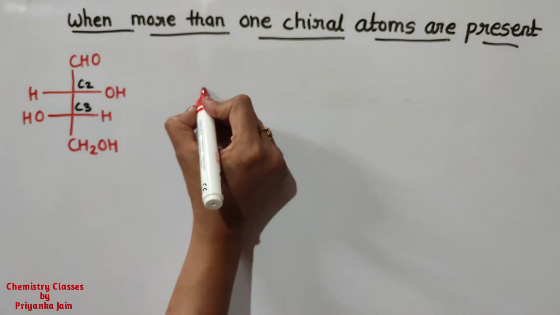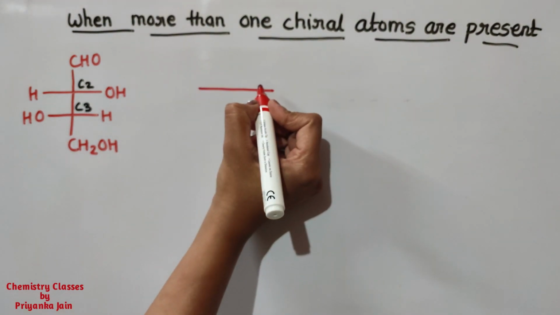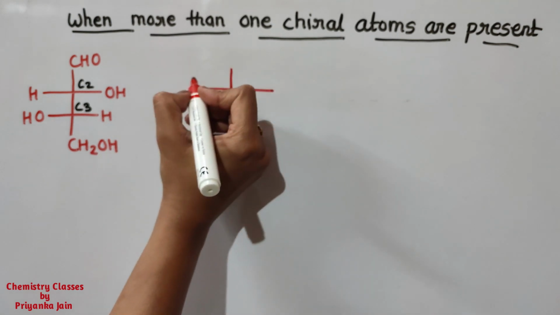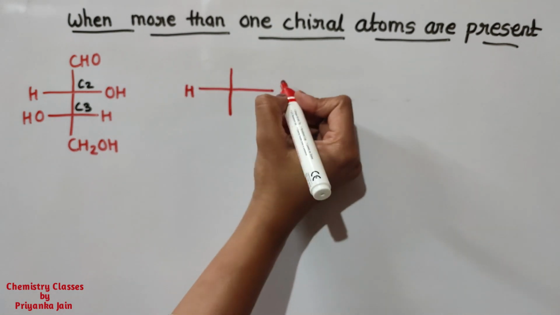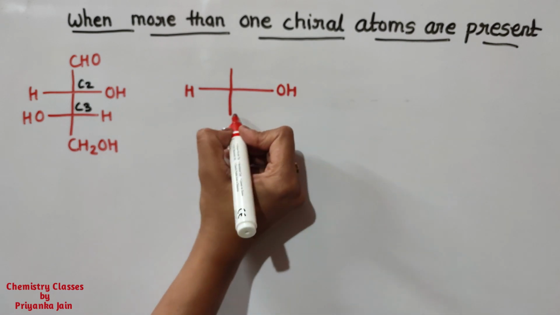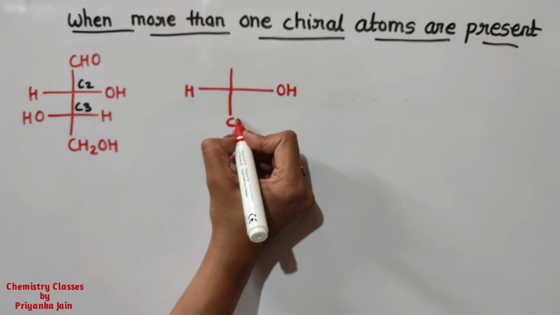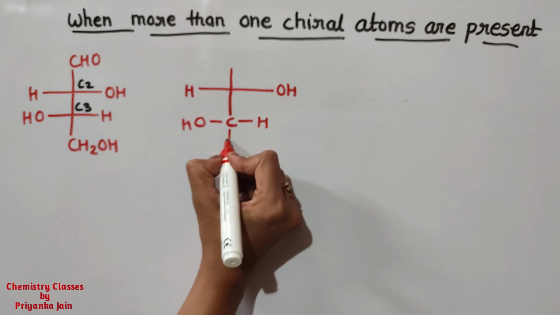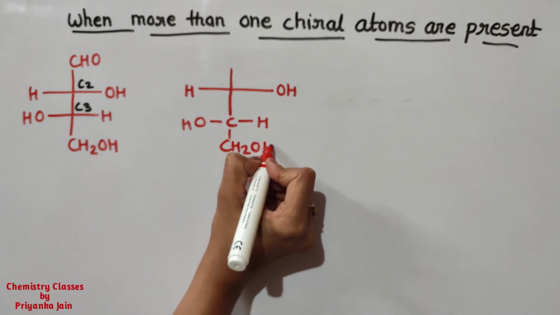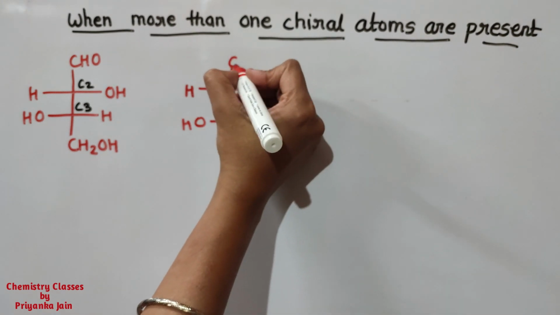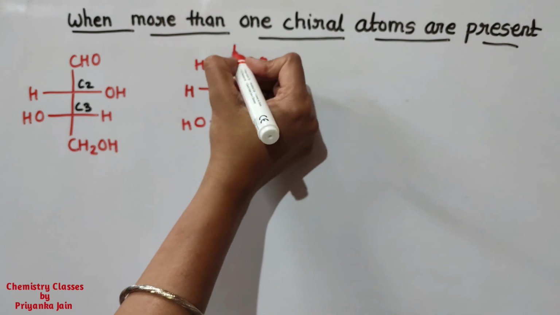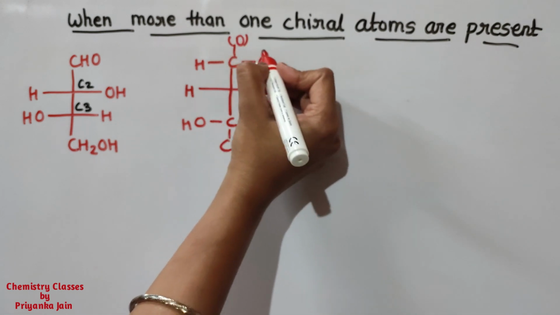Okay, for this, see here, if we have to find out the configuration at the C2 carbon atom, then what will we do? See here, this is the hydrogen, this is OH, and to this carbon atom C3, one is H, this is OH, and this is CH2OH, right? And at this carbon atom, this is the hydrogen, and we can consider 2 oxygens are attached to it in this manner, right?